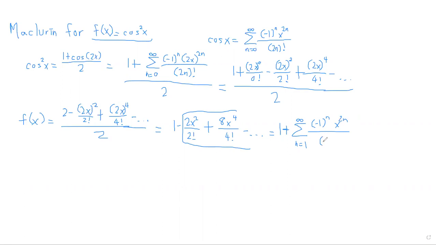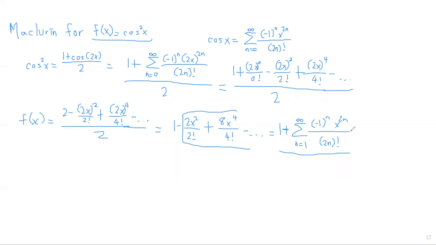So 2n factorial. Let's see, does this work for 8x to the 4? So when n is equal to 2, negative 1 squared is 1. Let me think. 2x to the power of, wait, hang on. I feel like something's not right here. I'm missing something. Give me a second.